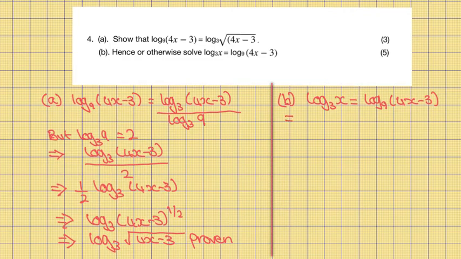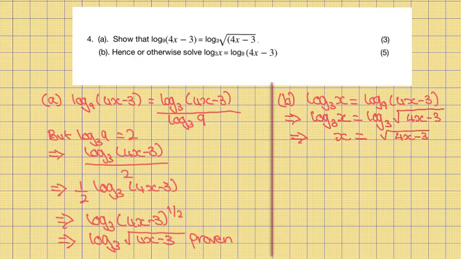So therefore, we've got log to the base 3 of x is equal to log to the base 3 of the square root of 4x minus 3. Now they're in the same base, we can remove the logs. So therefore, we get x is equal to the square root of 4x minus 3.